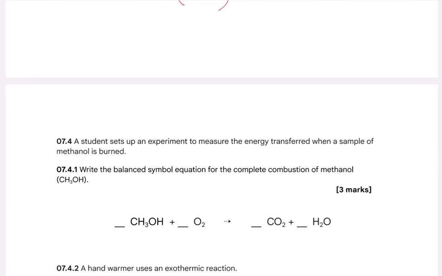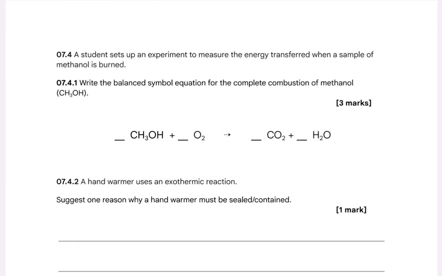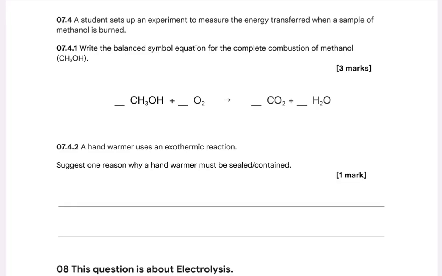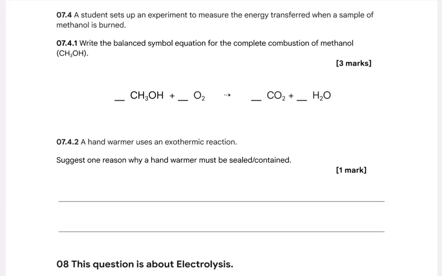Now, in an experiment such as burning of a fuel, in this one methanol is burned, so it burns with a flame, it gets hot, so this is a combustion reaction. This is a good exothermic reaction, but in this one they're asking us to balance the equation, so a slightly more complicated example than the previous one we had, but we'll approach it in the same way this time.